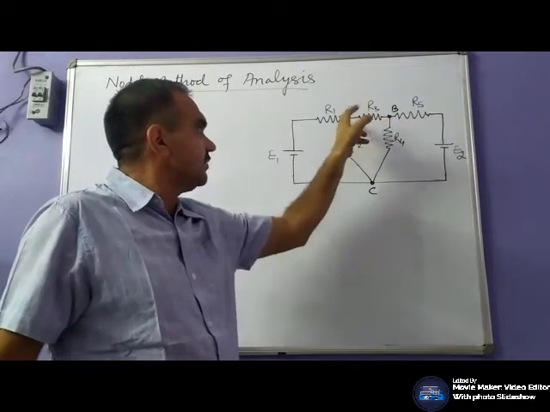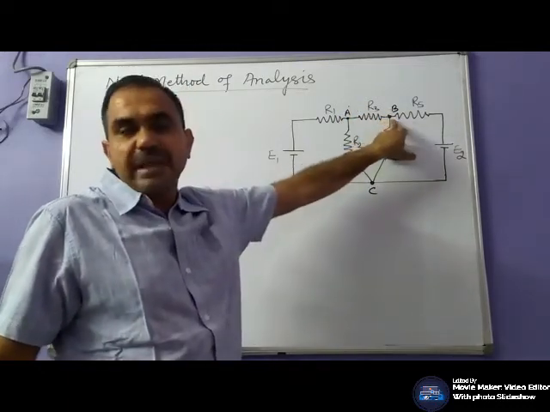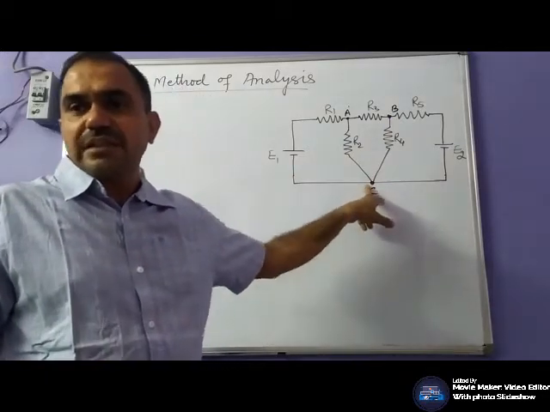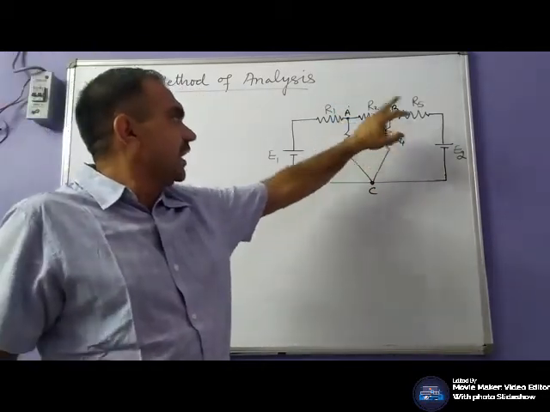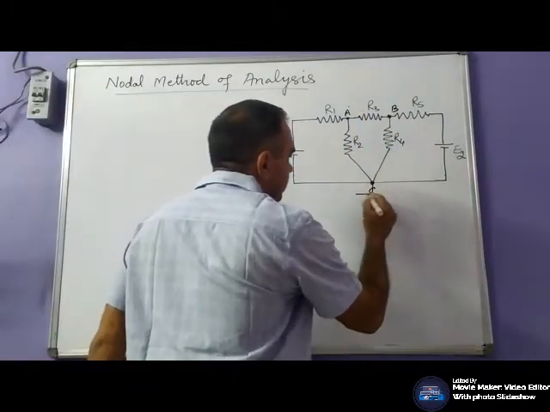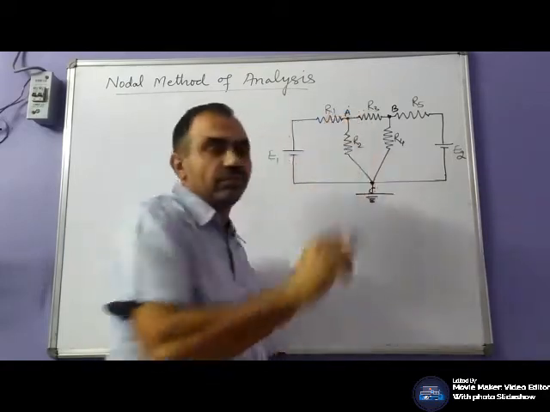This node is connected with this and this. So this may also be treated as a reference node. Likewise, this node is also connected with node A and node B. So we have considered one as a reference node.